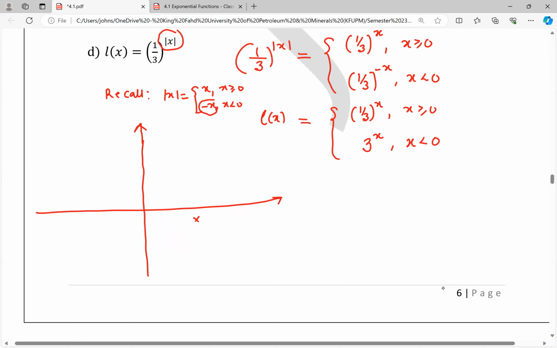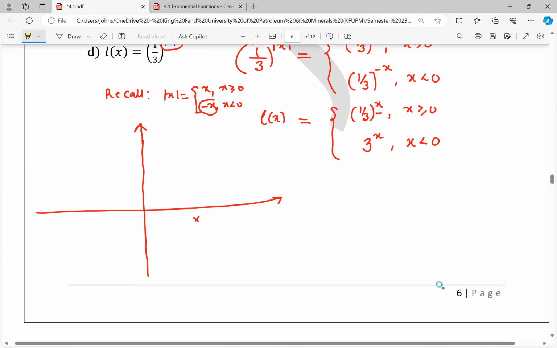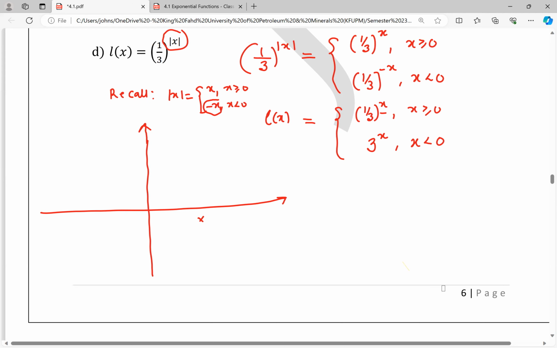In that case, you have 1 over 3, but as you can see, this is decreasing. So since it's decreasing, it means it's supposed to cut like this.